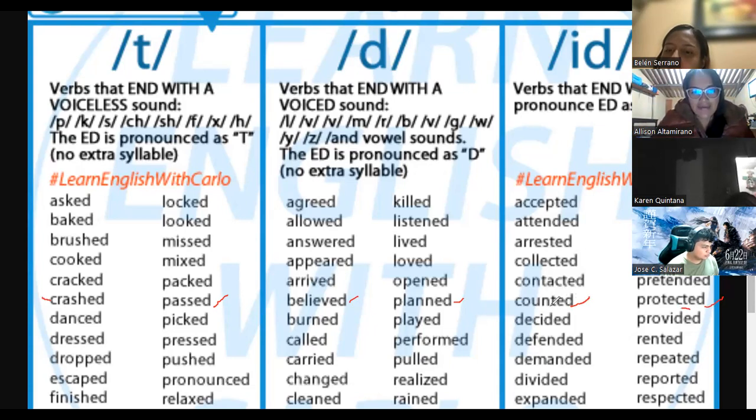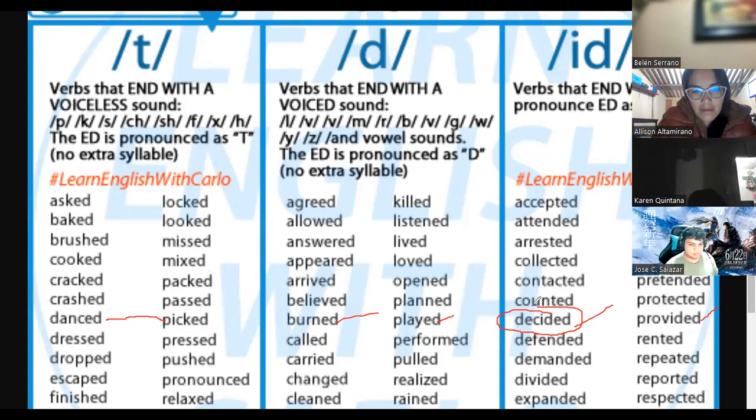Okay, here we pronounce ED because we have a T. Karen, please, the next row, danced. Dance, pick, burn, play, decide, provide, decided. Very good. Okay, so in this one, played, no es player, como a veces solemos decir, sino played. Como que fuera el mismo verbo play y le aumentamos un sonido de D. Played. That is the correct pronunciation.